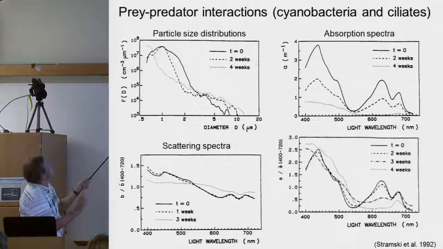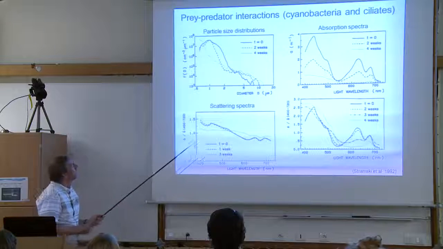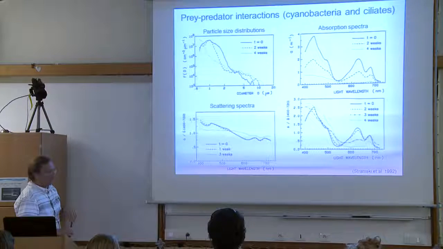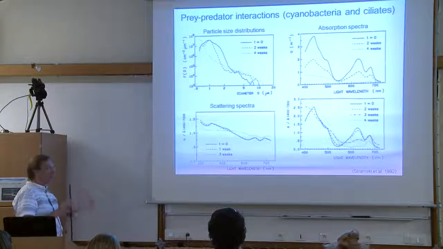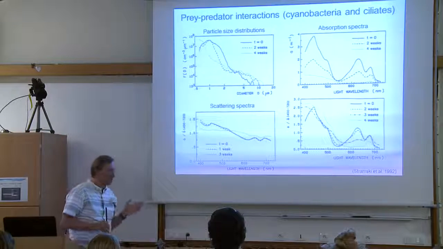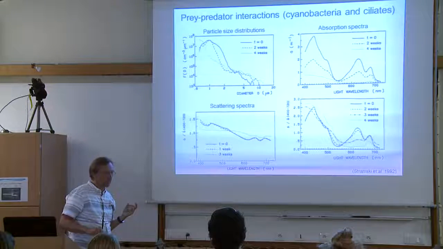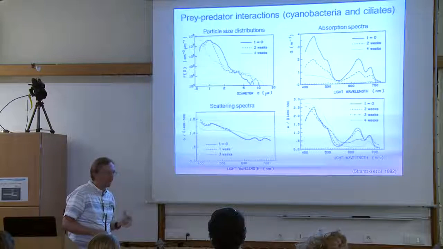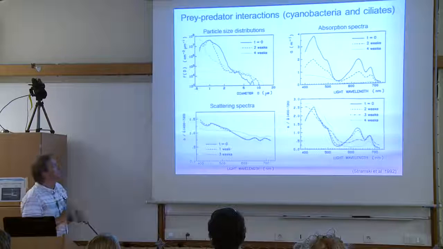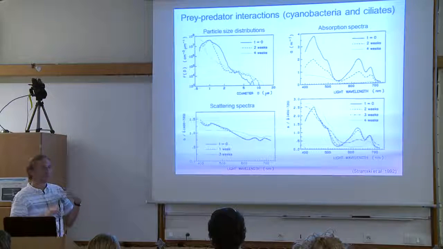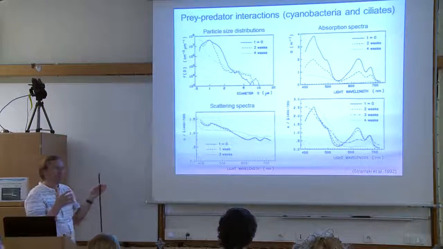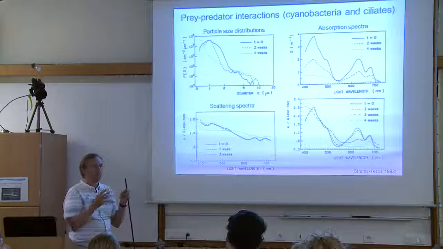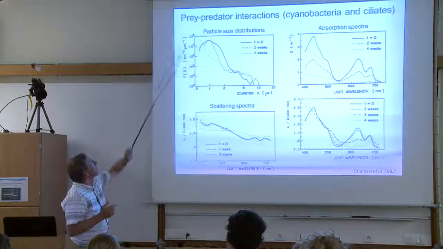One of the interactions is prey-predator interaction, and there's not much work on this. There are some papers that address it in a quantitative fashion, looking at the potential effects on a water sample if you have significant interactions of this kind.